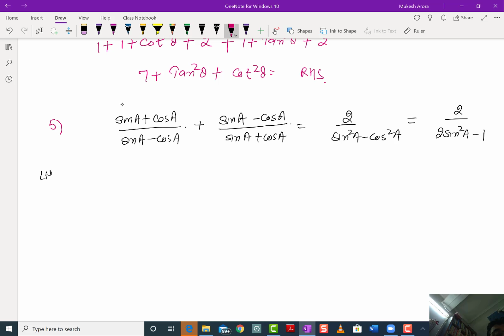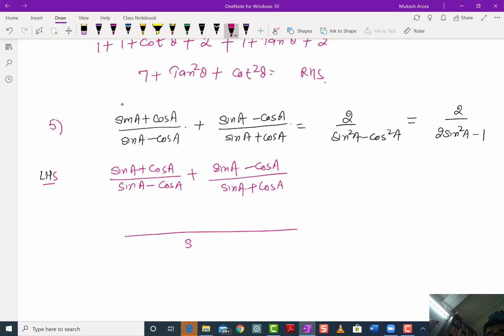Left hand side: sin A plus cos A upon sin A minus cos A plus sin A minus cos A upon sin A plus cos A. LCM will be sin A minus cos A into sin A plus cos A.